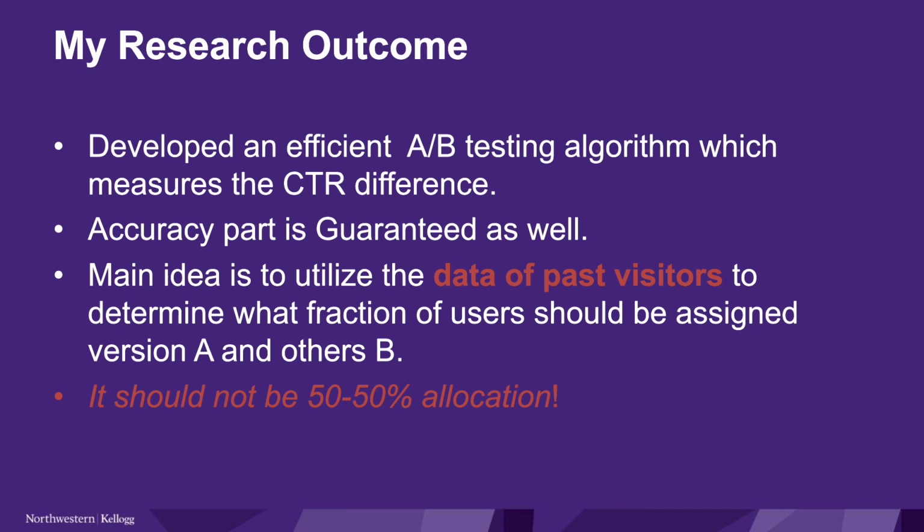The interesting part of the algorithm that we developed is that it uses the data from past visitors to the website to allocate how many visitors should see design A and how many should see design B in the experiment. And interestingly, it should not be a 50-50 allocation. It should be biased. It may not be 50-50. That is the most important punchline I wanted you to remember about these A/B tests.